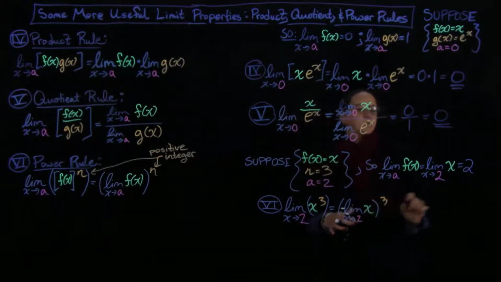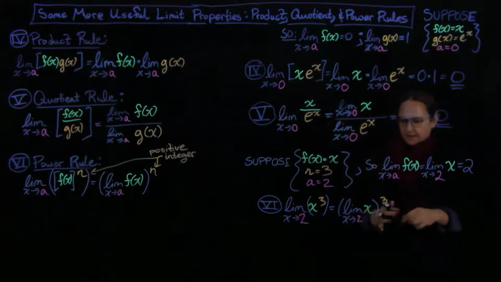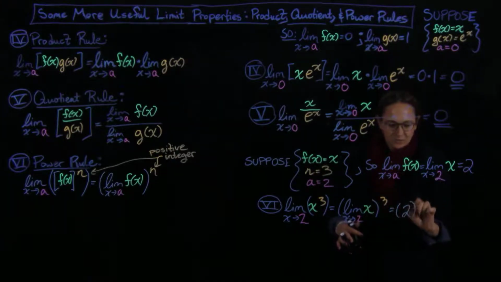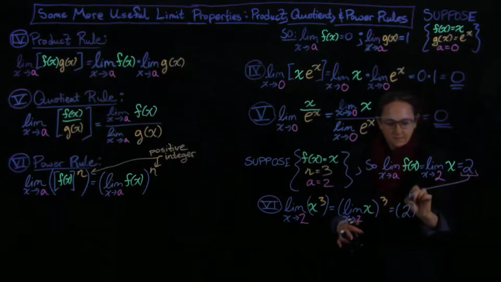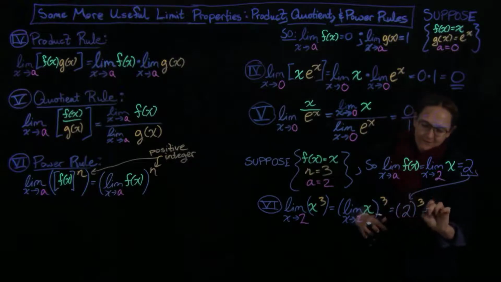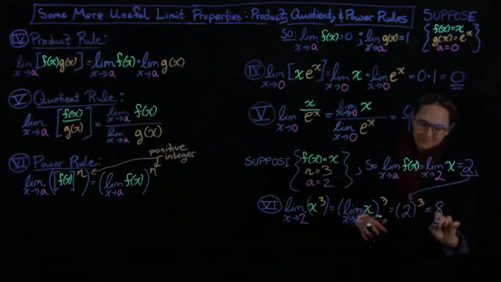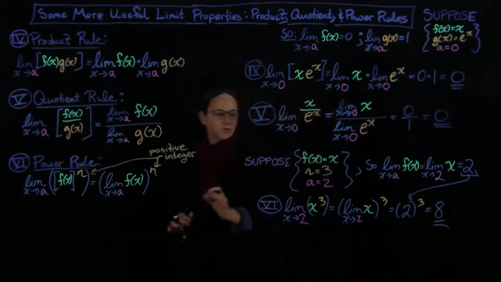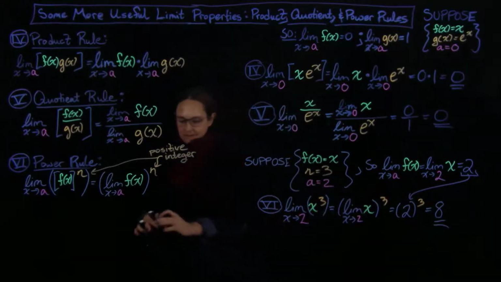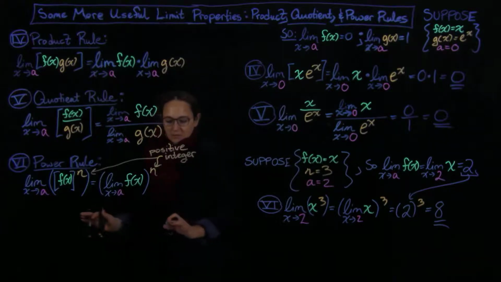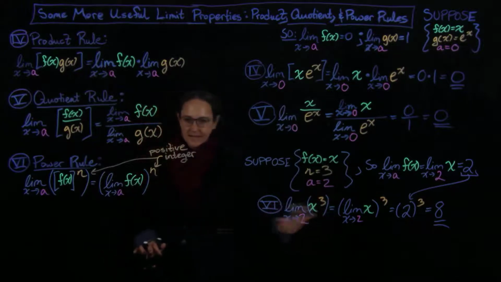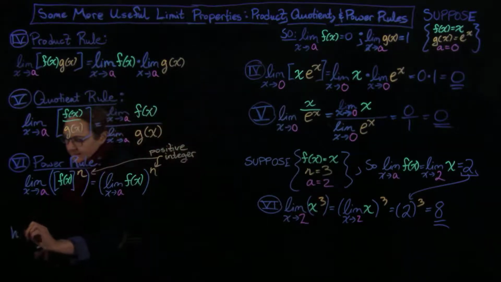Using the fact that we've computed that limit already, we get 2, and this 2 goes in here. So we just get 2 cubed, which is going to equal 8. So again, I can just pull that power to the outside.